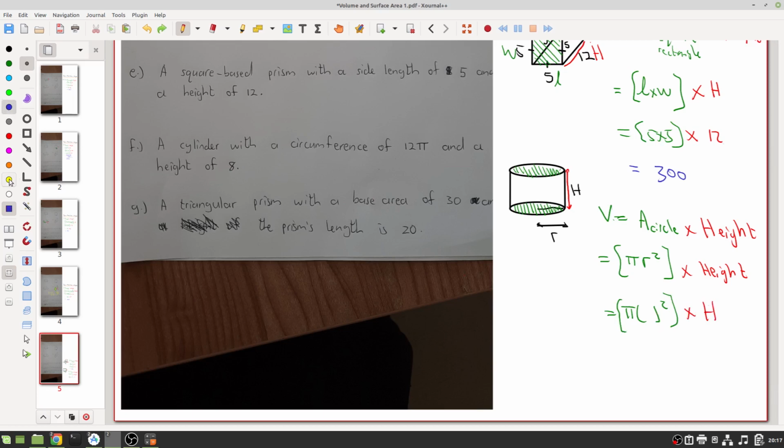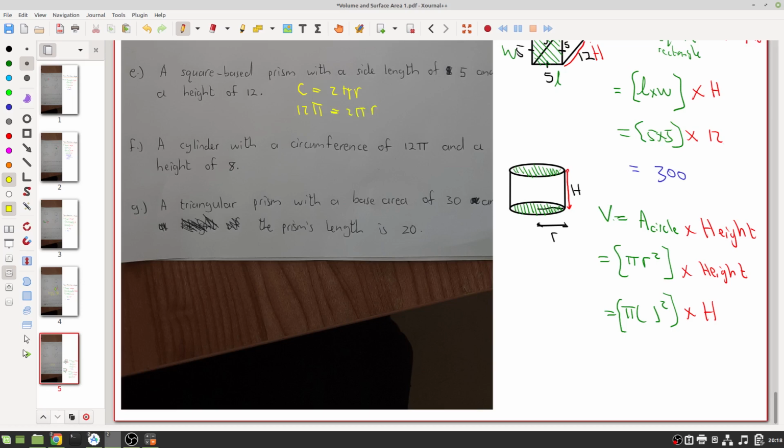So how do we get that? Well, we know the formula for the circumference of a circle. Circumference equals 2 times pi times radius. We know the circumference is 12 pi, so 12 pi has to be equal to 2 times pi times radius.